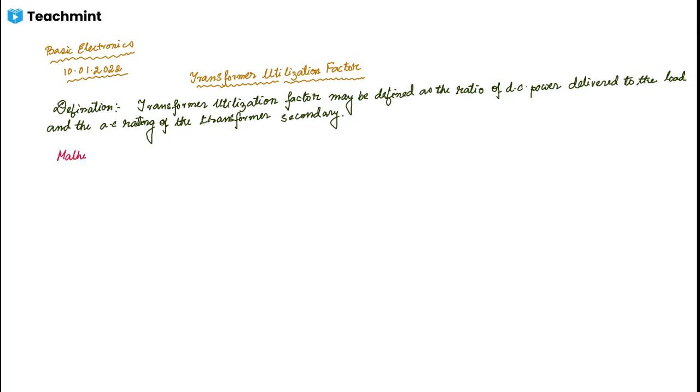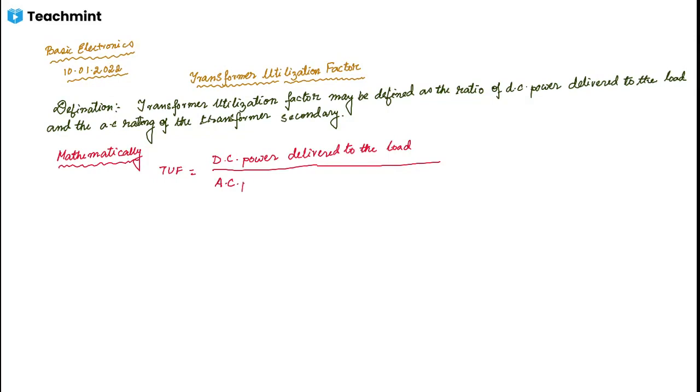Mathematically we can represent it by TUF equals DC power delivered to the load by AC power rating of the transformer secondary.